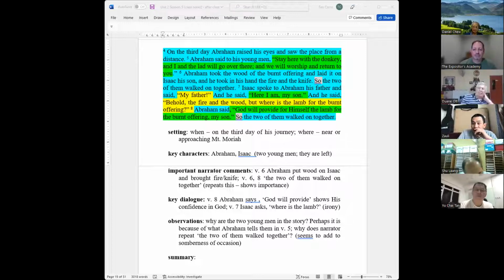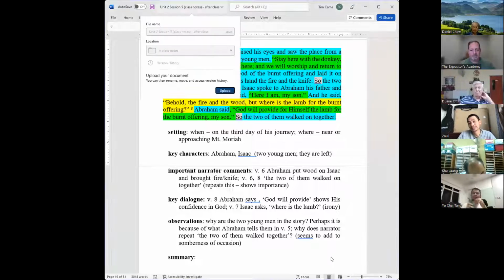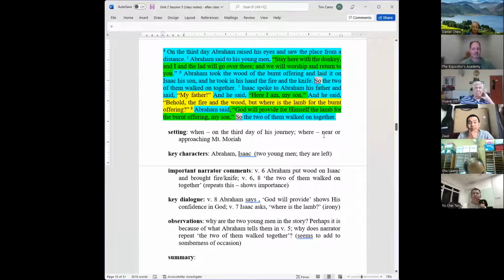So he asked during the course of the journey up to the mountain. And then at the end of verse 8, it's a very concluding kind of sentence. So the two of them walked on together. I mean, no more discussion, period.